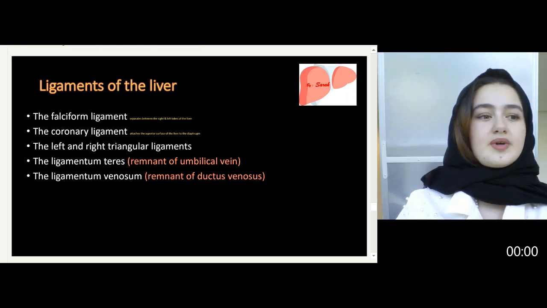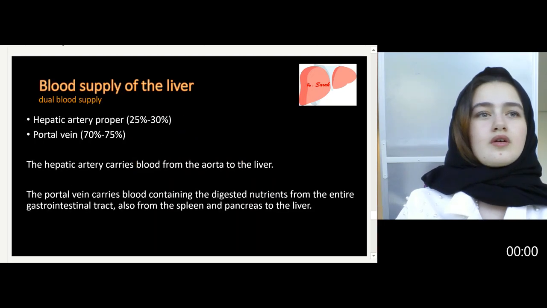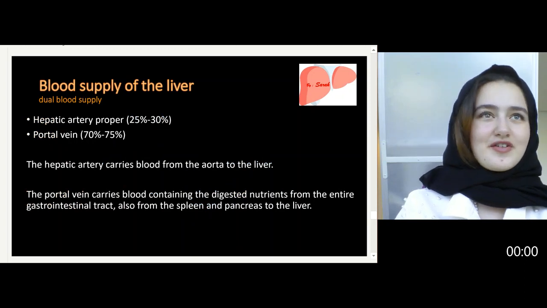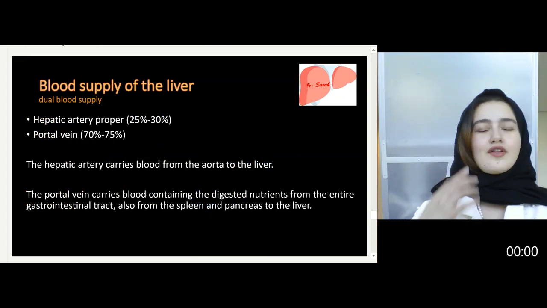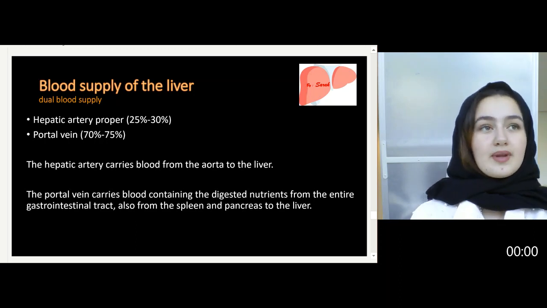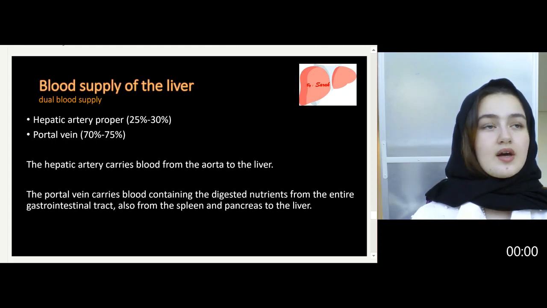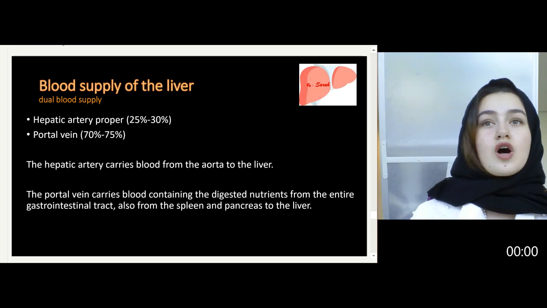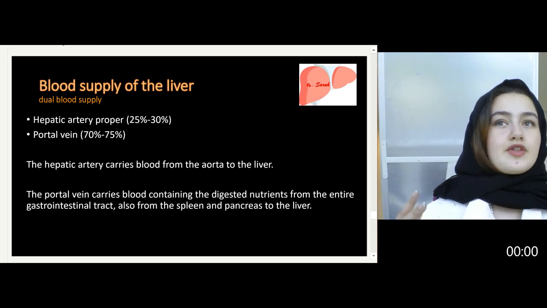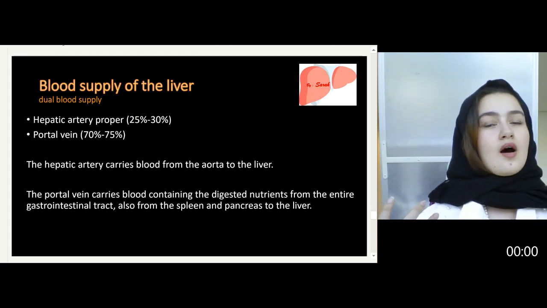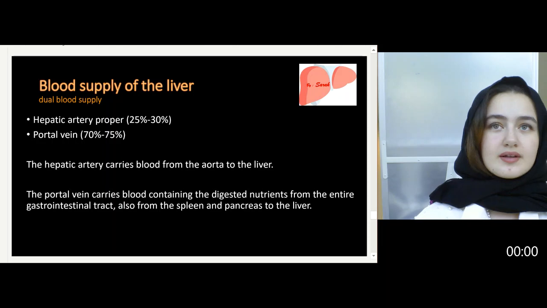So next we have the blood supply of the liver. So the liver has a dual blood supply. It gets its blood supply from the hepatic artery proper and from the portal vein. So the hepatic artery proper supplies the liver with oxygenated blood.